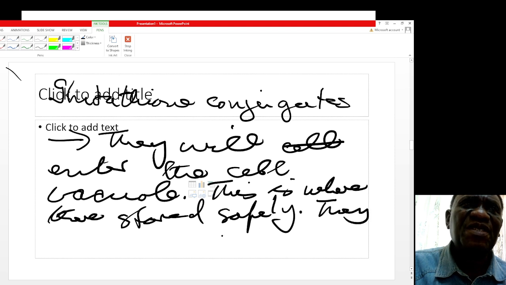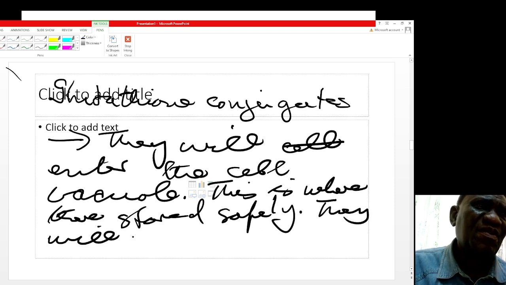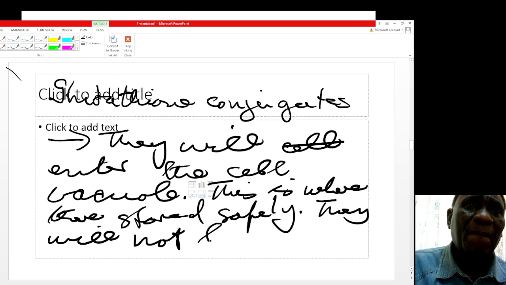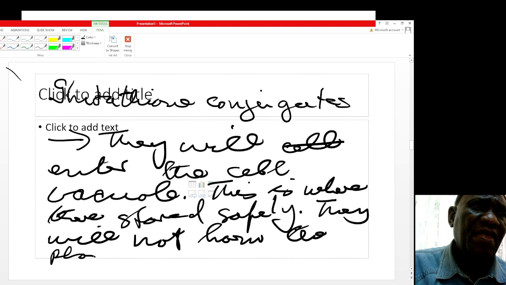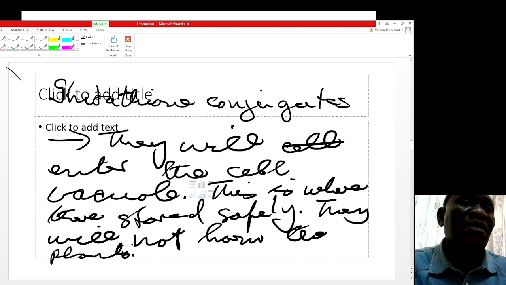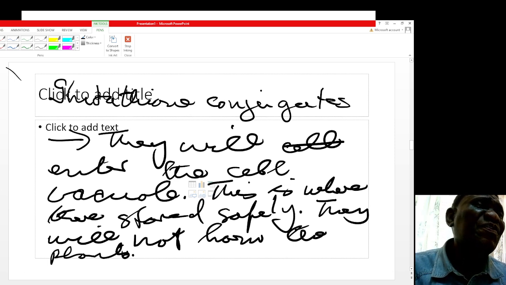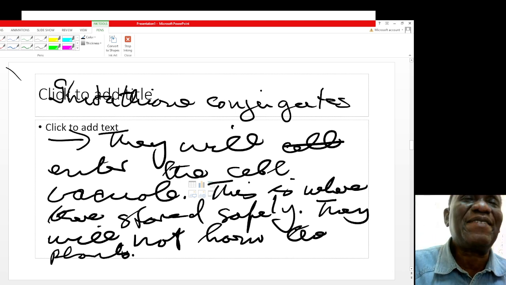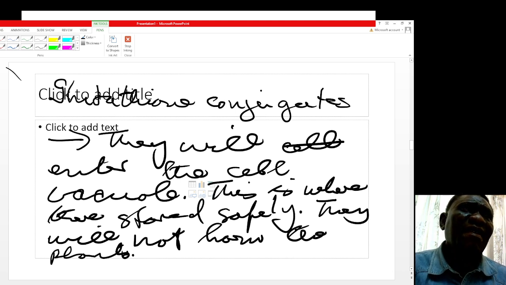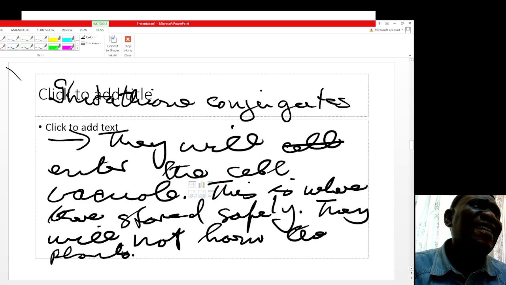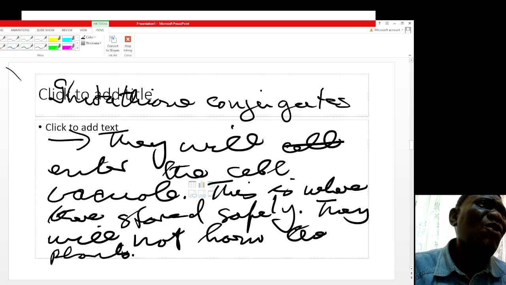They will not harm the plant. So this is it on glutathione activity. You should understand that it goes for the OH radical.